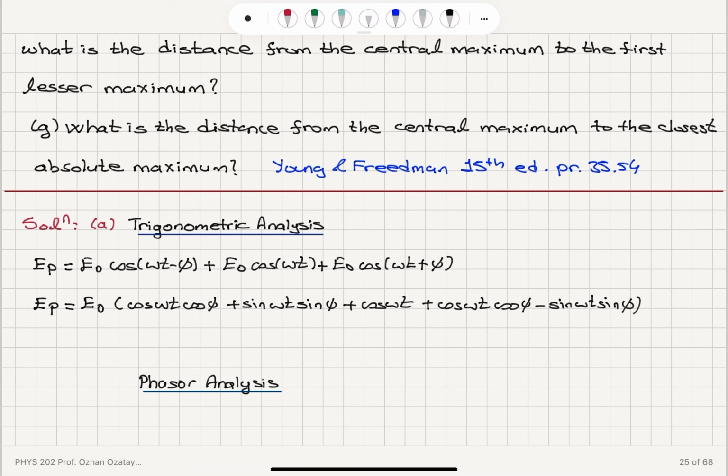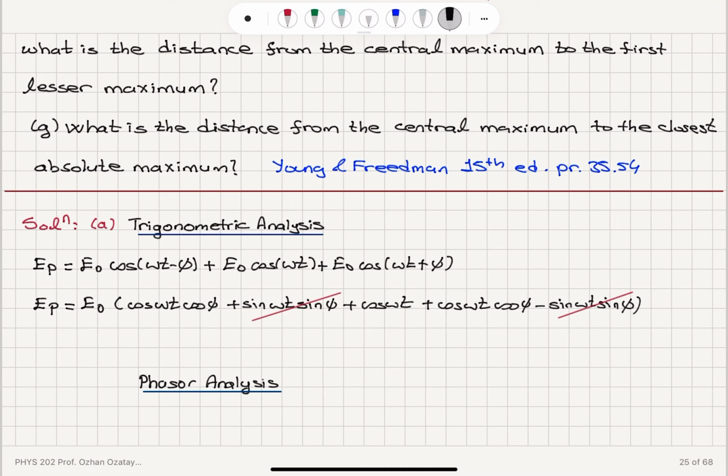You can see that we have 2 identical terms here, sine omega t sine phi and minus sine omega t sine phi. So they will cancel each other and we will be left with 2 cosine omega t cosine phi and a cosine omega t here.